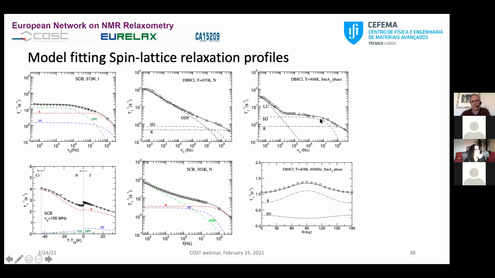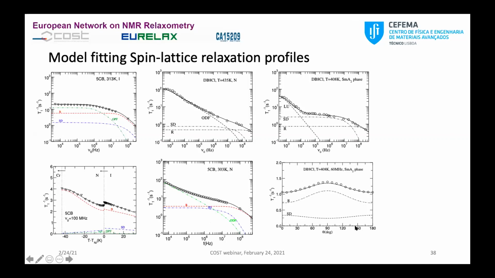We could replace the curve for rotations with diffusion, and vice versa. There was a long debate about whether this could be rotations or should be diffusion. The question at that time was that if we make an angular dependence analysis of the relaxation rate, as a function of the alignment of the sample in the magnetic field.